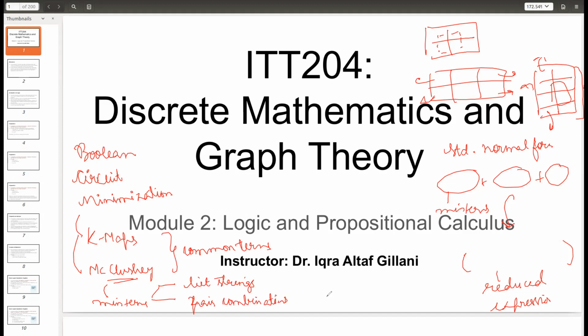Wherever they differed, we put a dash, and the others we repeated as they were, and we kept doing this till we got a reduced term. So whether it was K-maps or McCluskey, the main idea was to get the reduced expression by finding the common terms. And that is how we try to do the Boolean circuit minimization.